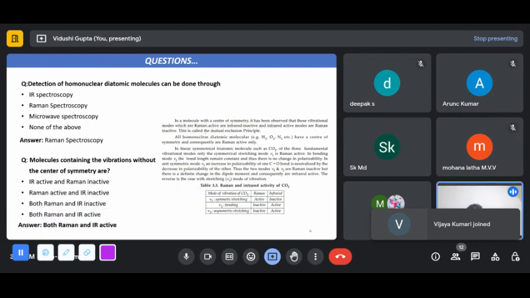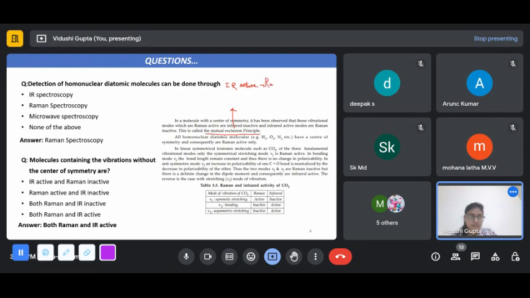According to the mutual exclusion principle, just remember that if in a molecule there is a center of symmetry, then IR active will be Raman inactive, and IR inactive will be Raman active, only if center of symmetry is present in that particular molecule.